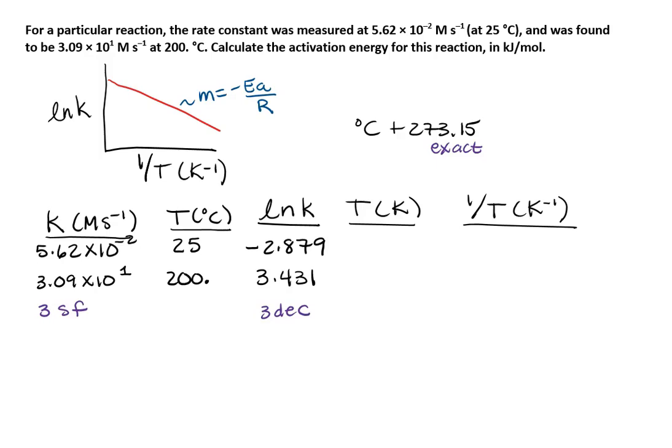Now in both of our cases, our temperature is given to us out to the ones place. And so when we round, we will not have any decimal places remaining. So our 25 degrees converted to Kelvin will be 298, and our 200 degrees will be 473.